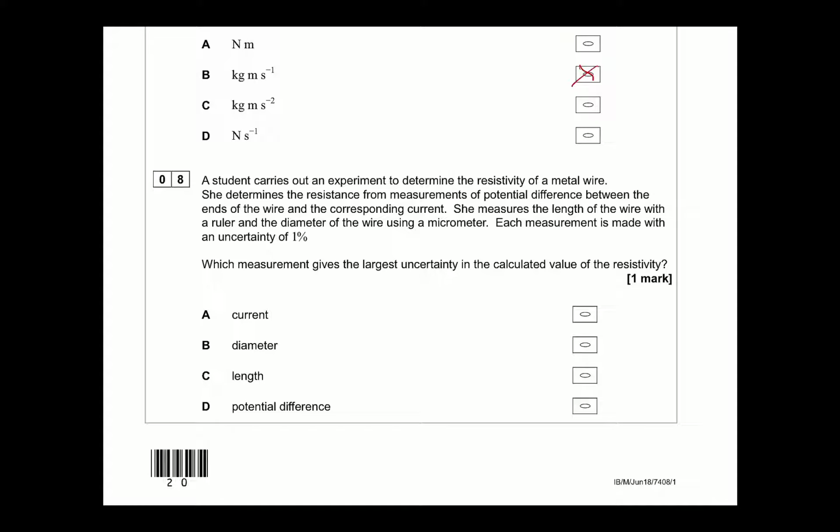I do want to say diameter because you're squaring it. So you're actually doubling your percentage uncertainty with your diameter because you're squaring it. Final answer. Because I'm super unsure of myself here. Yes, I am correct.